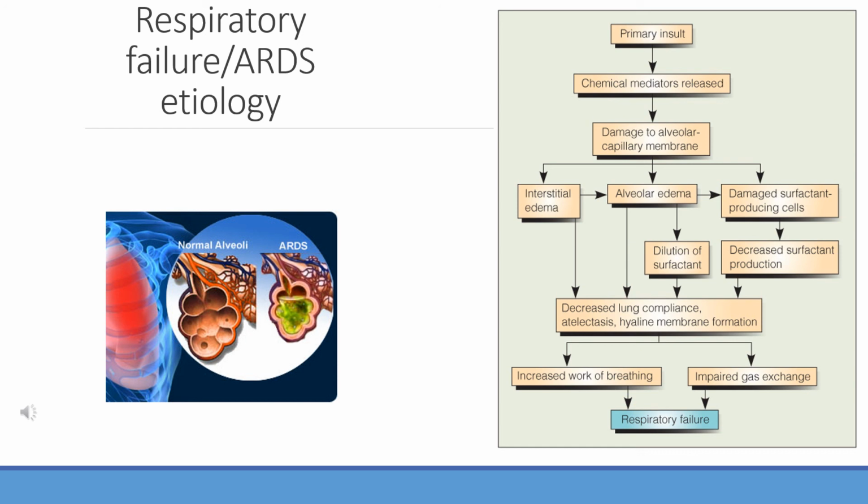As ARDS progresses, tissue hypoxia becomes significant and metabolic acidosis develops. Then both carbon dioxide exchange and oxygen exchange become impaired, leading them to a combined respiratory and metabolic acidosis.